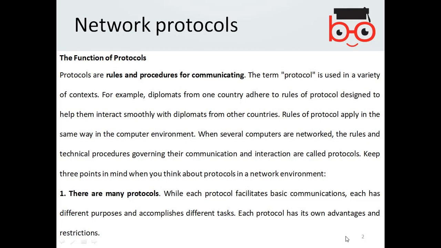If I'm communicating with you through a computer, it's not that simple that your laptop is just transferring my voice to you. It is coming through a kind of network layer.